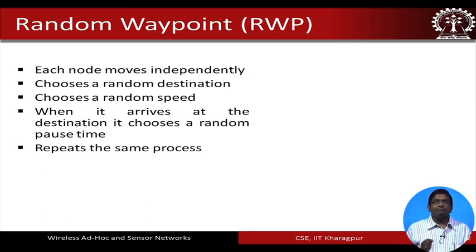So, a random destination is chosen from a particular point, and a random speed is chosen. The node starts from a particular point in the terrain, using the random speed and the direction that are chosen, and the node is going to come to the new position. When it comes to the new position, it waits there, it pauses there for a certain duration of time, which is technically known as pause time in the literature, and the process repeats like this.